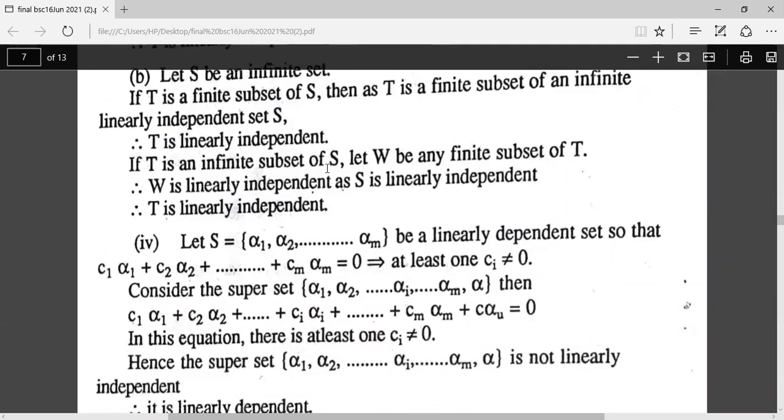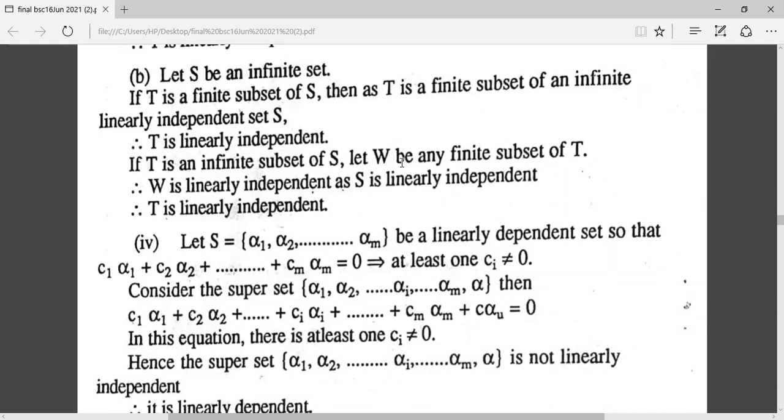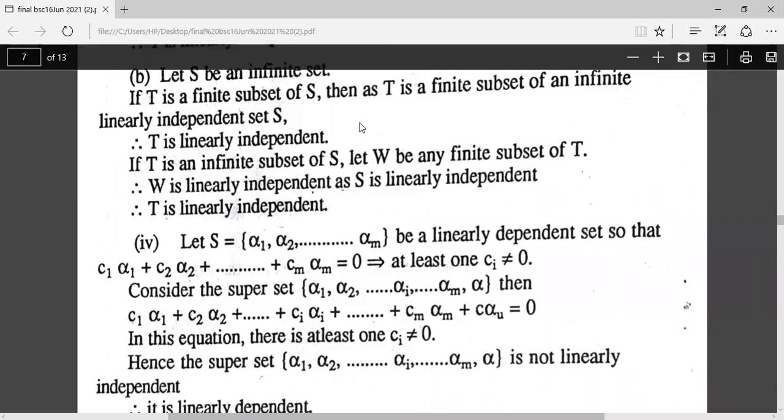If T is an infinite subset of S, then let W be any finite subset of T. Note the difference there. W is a subset of T is a subset of S. W is a finite subset, T is an infinite subset. Then W is linearly independent because W is a finite subset, that we have proved there, as S is linearly independent.